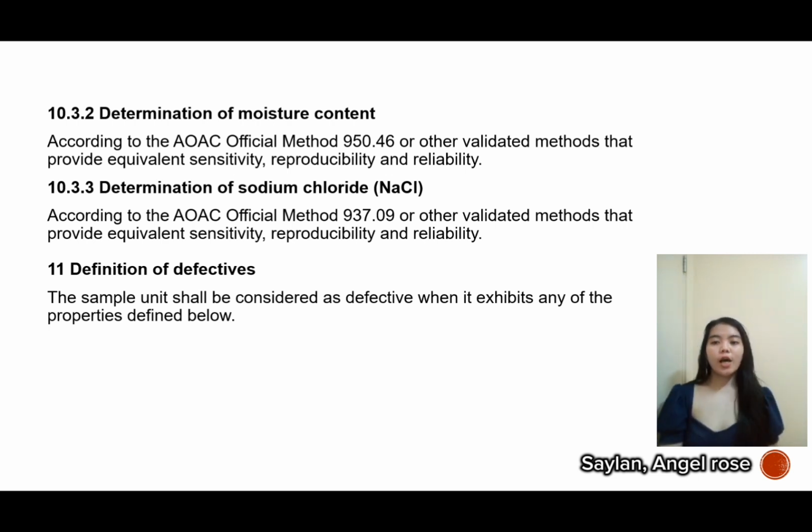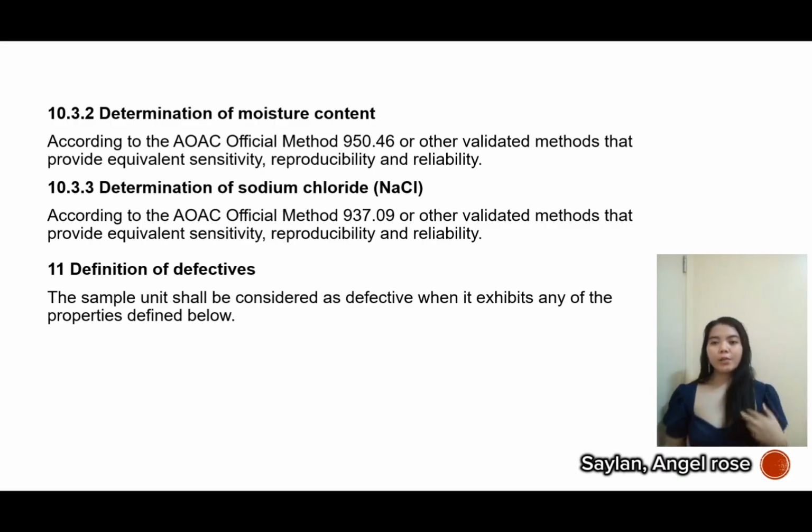So next one is nutritional value. It is rich in protein, collagen, and minerals like calcium and magnesium, and low in fat and carbohydrates. Then economic importance.